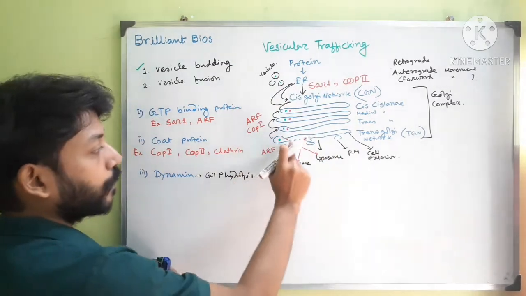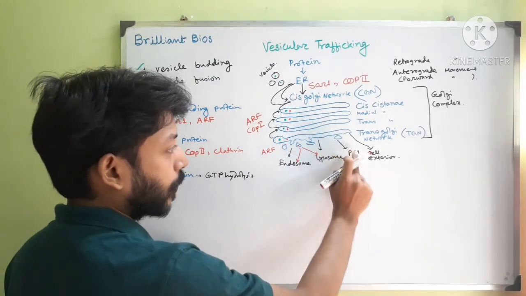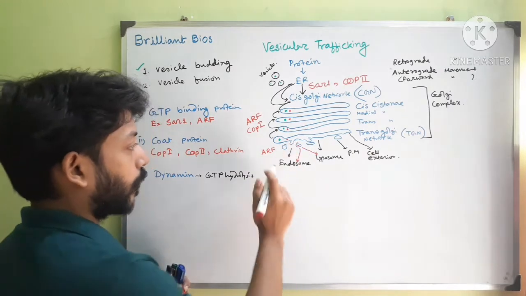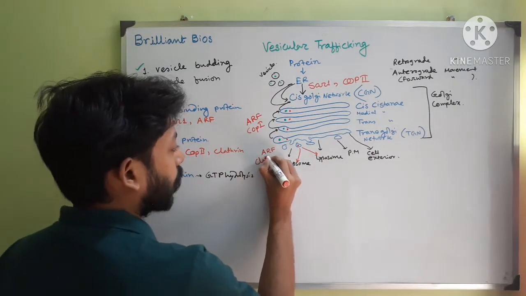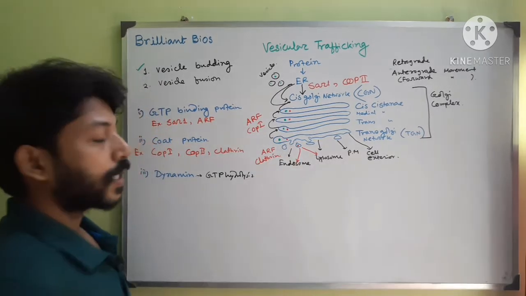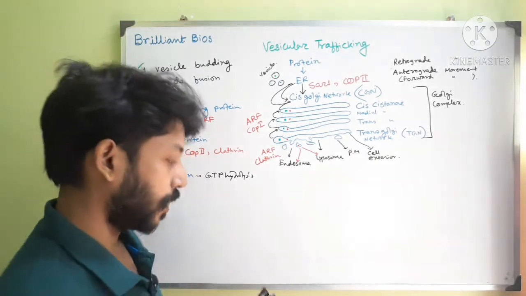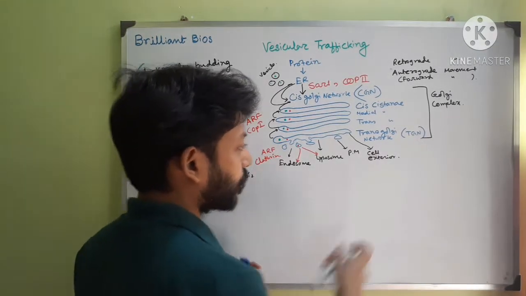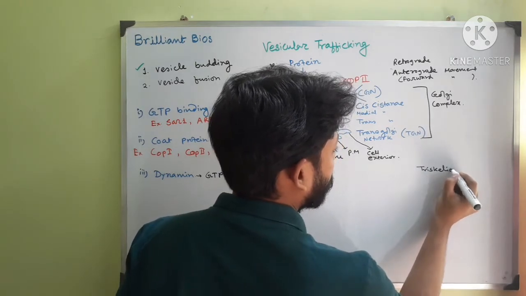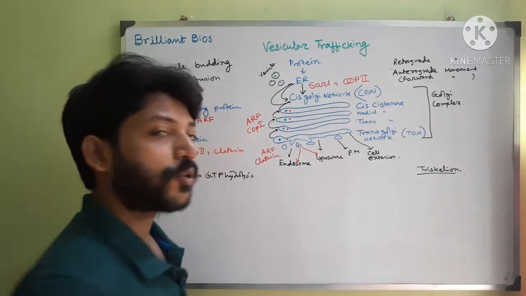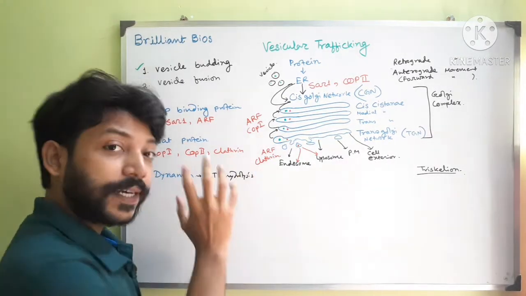And in the case of movement to the endosome, or the lysosome, or from the plasma membrane to the endosome, one coat protein is important, called clathrin. The shape of this protein is called triskelion, because it has 3 heavy chains and 3 light chains.